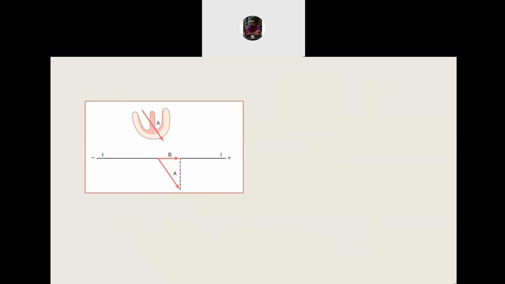So how does it relate to the ECG? What is the importance of knowing these vectors and how does it relate to the recording that we get in the ECG? The concept is very clear. If you place an electrode in any part of the body, the electrode will definitely make some angle with the heart.